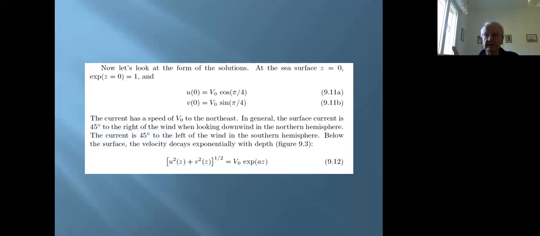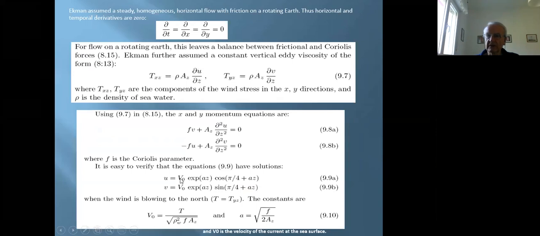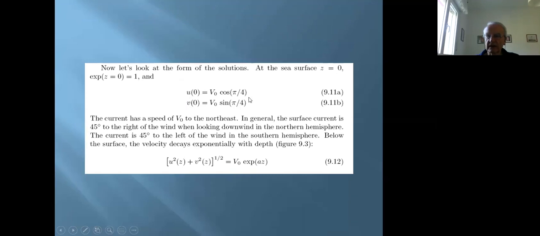One of the first boundary conditions at z equals 0, at the surface, is that the velocities are 45 degrees with respect to the wind, and to the right-hand side of the wind at the sea surface. That's associated to this thing. If you put here z equals 0, you obtain this boundary condition at the sea surface.